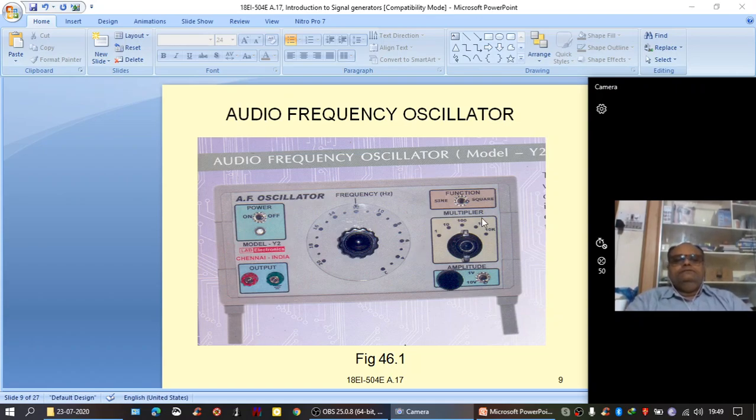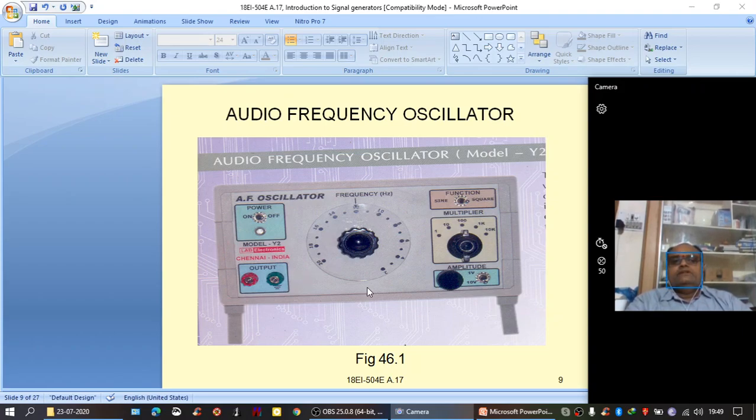Here is a practically used audio frequency oscillator model. You can see here the power supply switch, on and off. This is from AB Electronics, Chennai, and the output is taken from these two terminals.